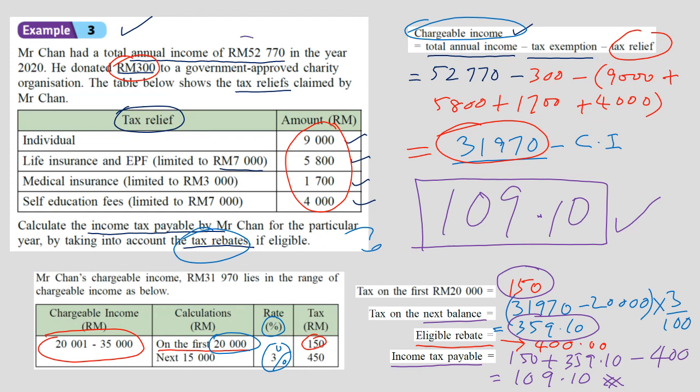And the annual income for the year is also not that much, so it is reasonable for the government to tax Mr. Chan only 109.10 for that year.